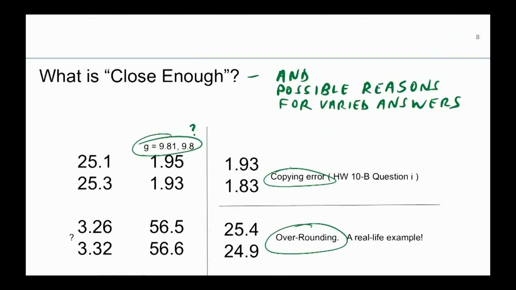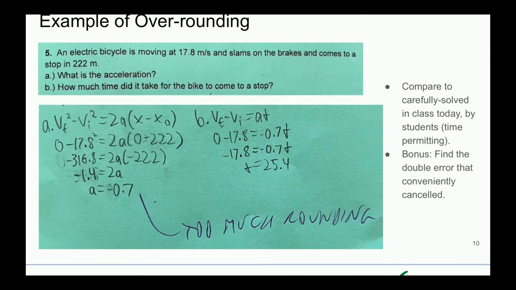Common mistake we have seen in the class is maybe too much rounding. Here's a student who solved this problem with too much rounding. This student got up to this point in problem solving and then is working towards solving for A, divided 316.8 by 222 and came up with, just 2 significant figures, minus 1.4.